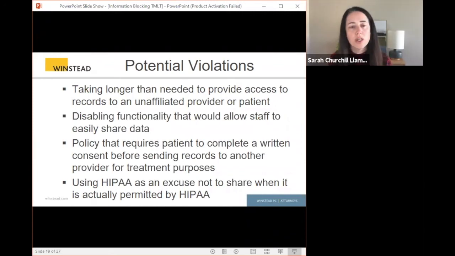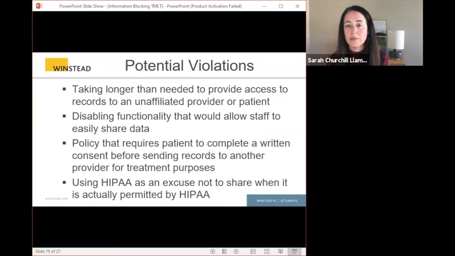So, examples of potential violations: taking longer than needed to provide access to records to an unaffiliated provider or patient. Let's say the patient says, hey, I'd like my records transferred to this unaffiliated provider, and maybe you could do it the same day, but instead it takes you 5, 6, 7, or 10 days.